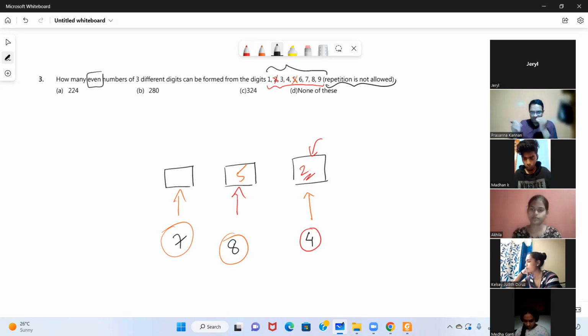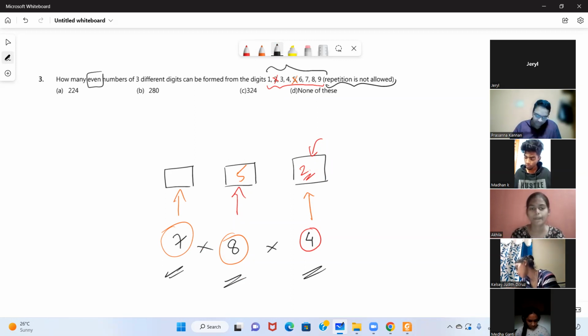So what is the total number of ways of doing this? You have these answers. What should you do with these answers? Multiply. Why should you multiply? Because we need all the ways of making 3-digit even numbers.